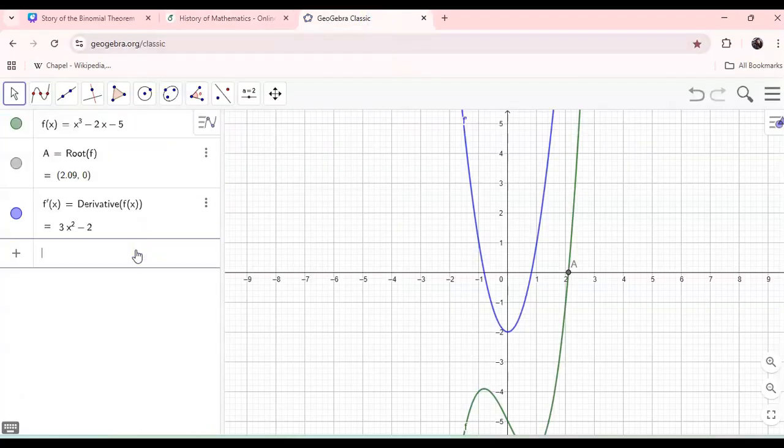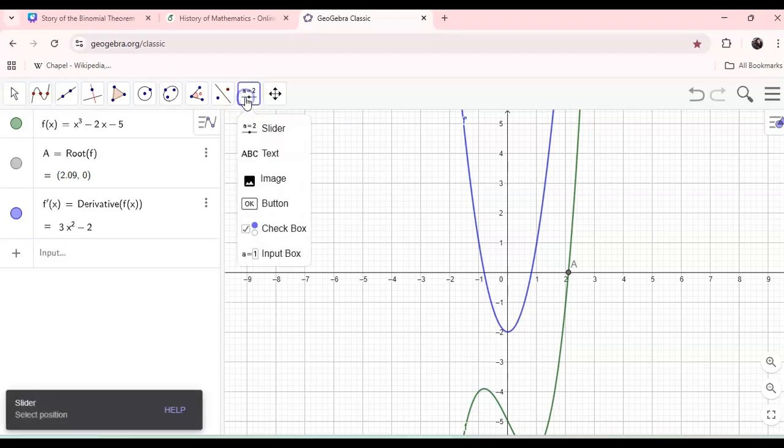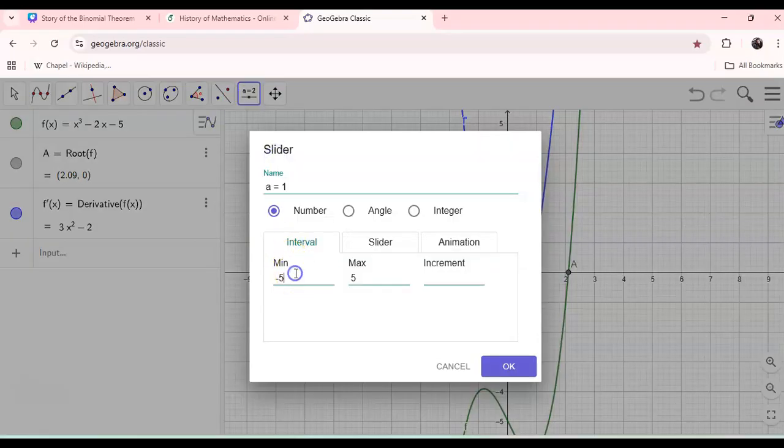Let's have a slider first. This is the slider of iterations. Since our correct root is 2.09, we can have 1.5 up to 2.5 or 2.1.